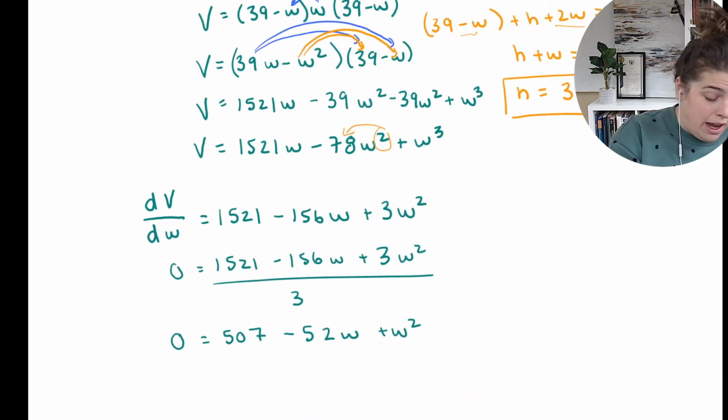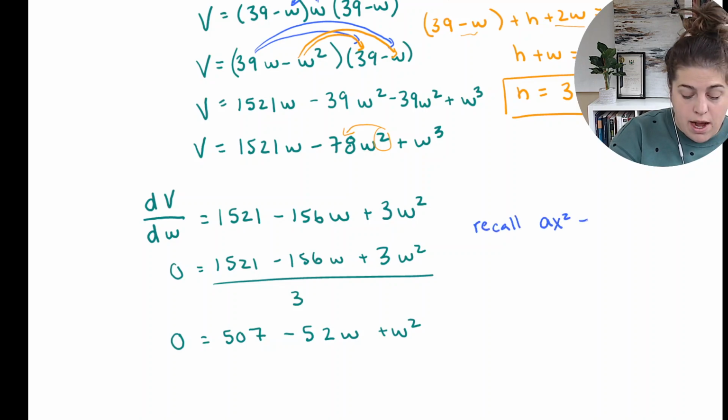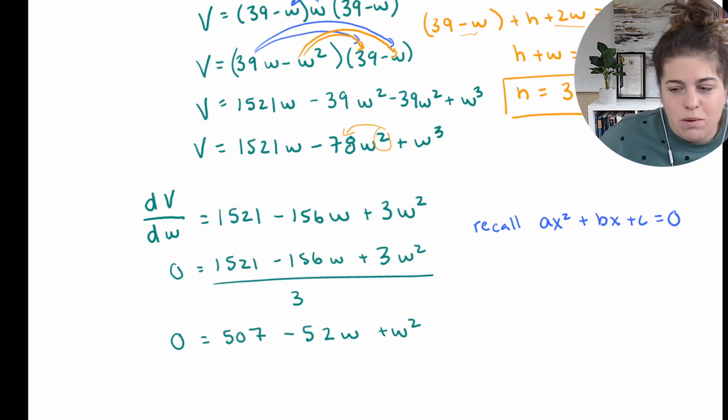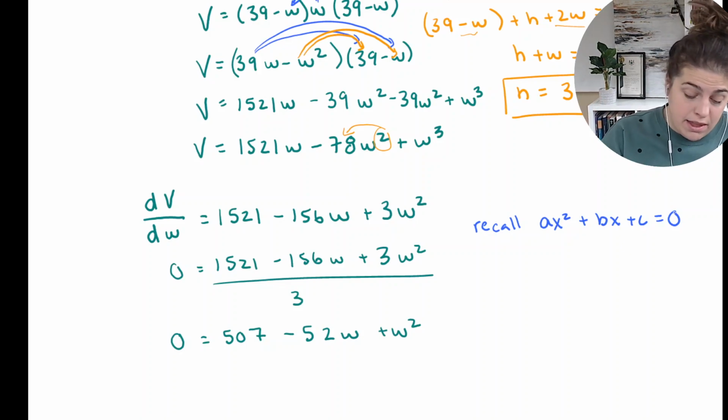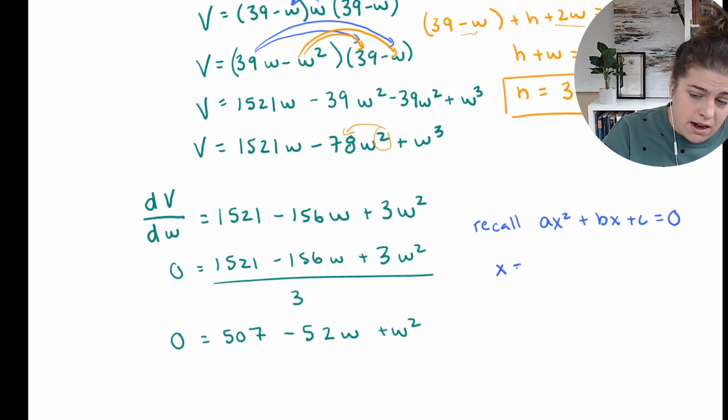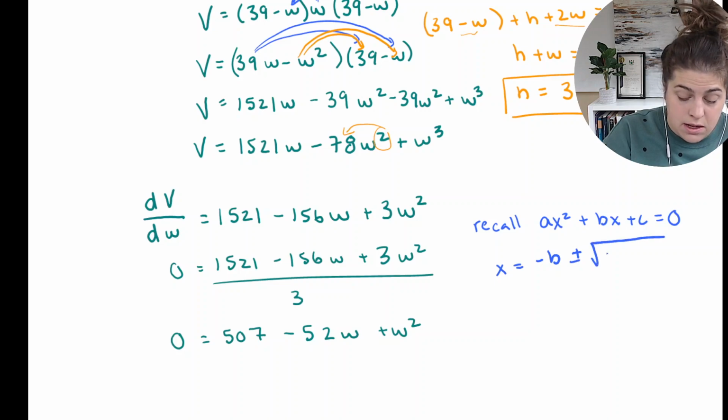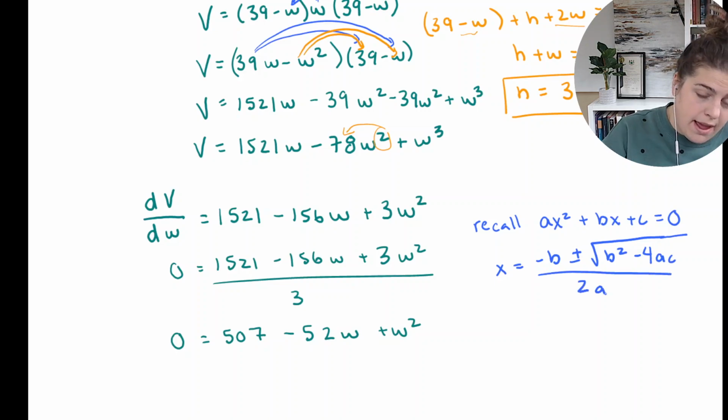I am going to use the quadratic formula here because it's really good practice, right? Quadratic formula is when we have that quadratic set equal to 0. And then our formula is that our variable is going to be negative b plus or minus the square root of b squared minus 4ac, over 2a.